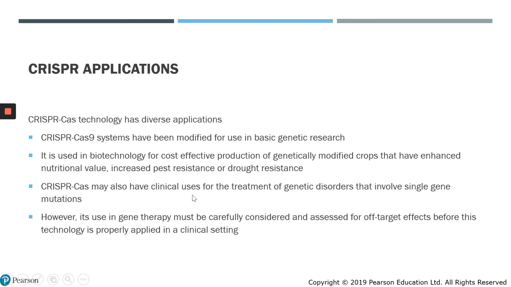CRISPR-Cas may also have clinical uses for the treatment of genetic disorders that involve single gene mutations. However, its use in gene therapy must be carefully considered and assessed for off-target effects before this technology is properly applied in a clinical setting.